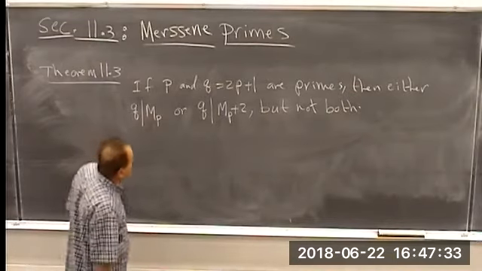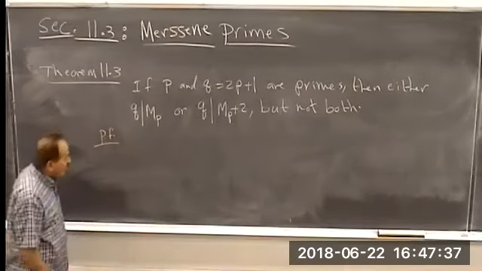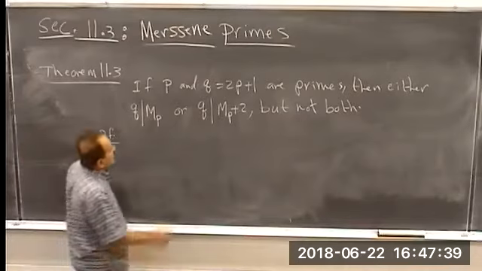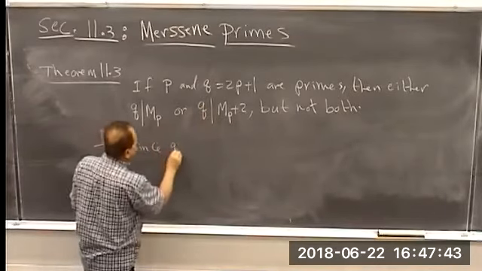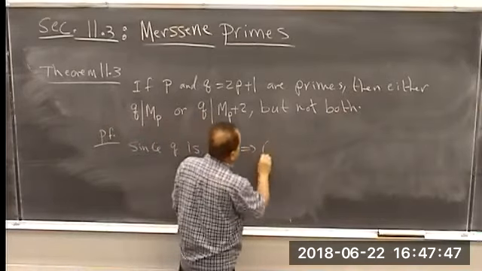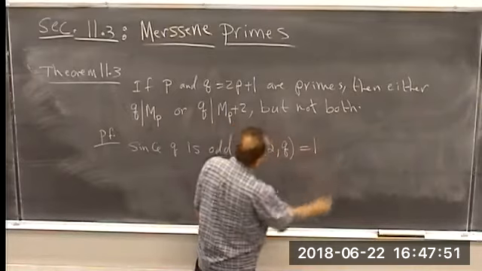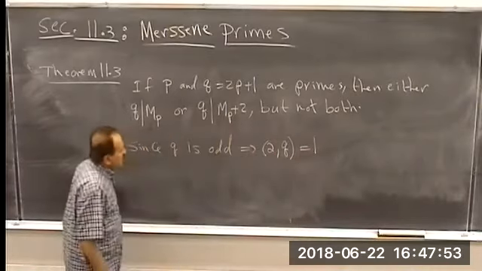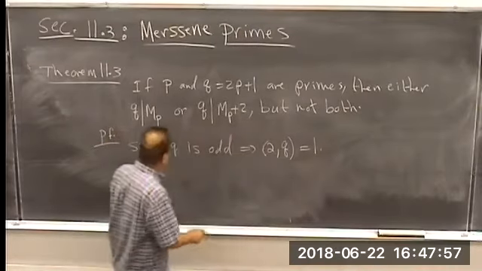All right. The proof of this is very straightforward. Of course, since q is odd, this implies 2 and q are relatively prime. Then we can apply Fermat's theorem.